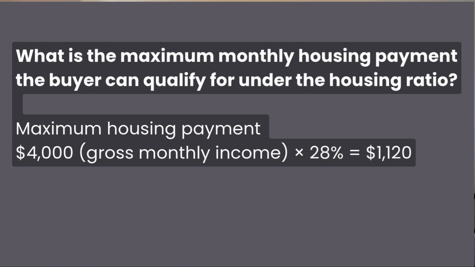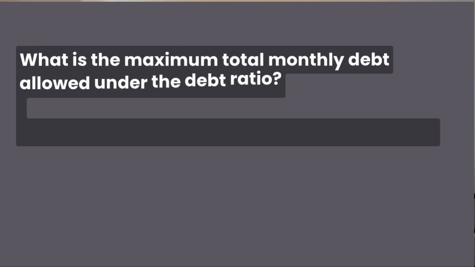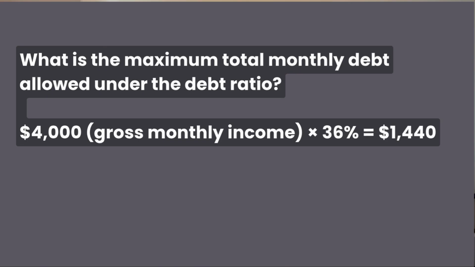So what we do for the maximum housing payment, we do the $4,000 gross monthly income times the 28%. That gives us $1,120. What is the maximum total monthly debt allowed under the debt ratio? So we then take $4,000 gross monthly income times 36%, and that gives us $1,440.